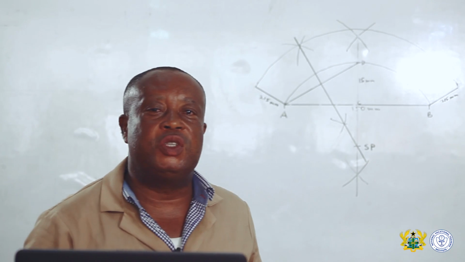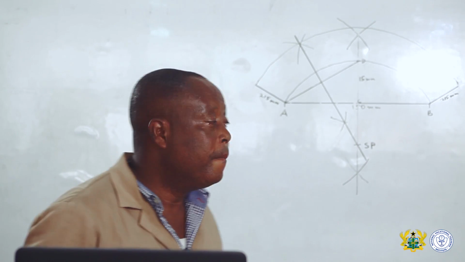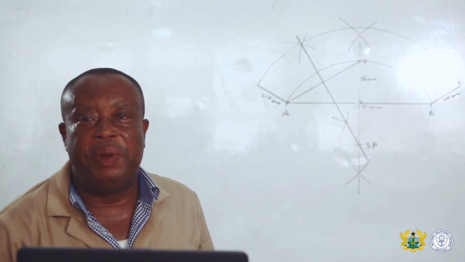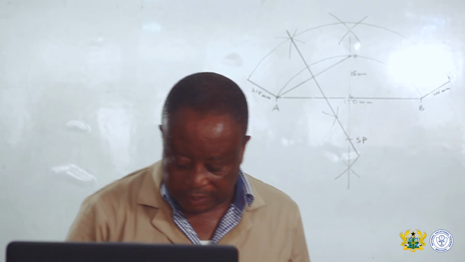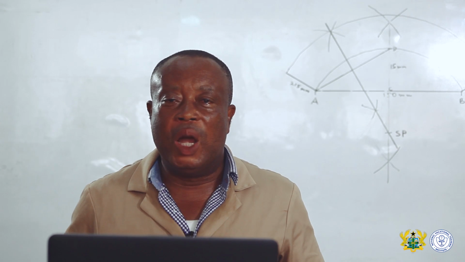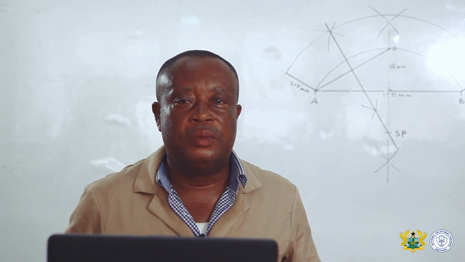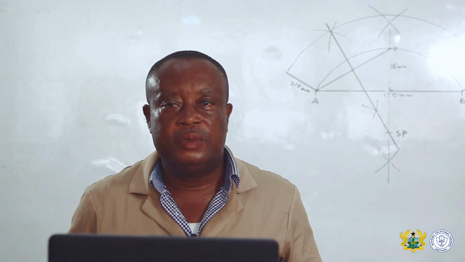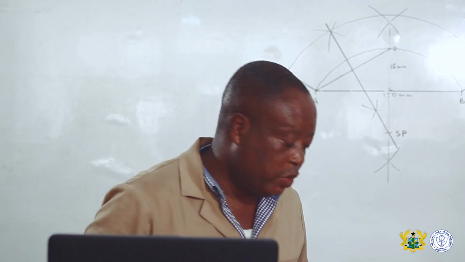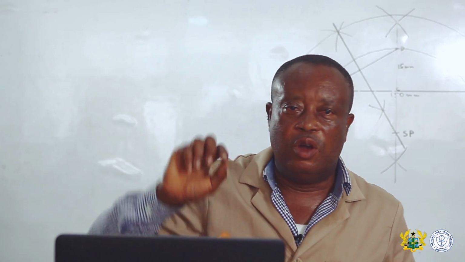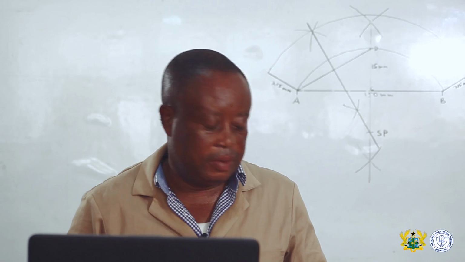We can now plot our segmental arch to complete our construction. The thickness of our brick for our voussoir is 65 millimeters. This 65 millimeters will be marked on the extrados of our arch.